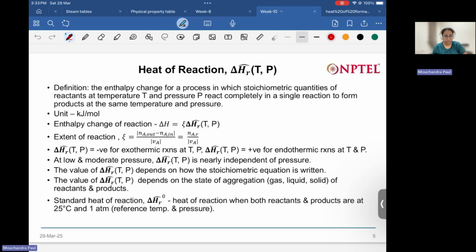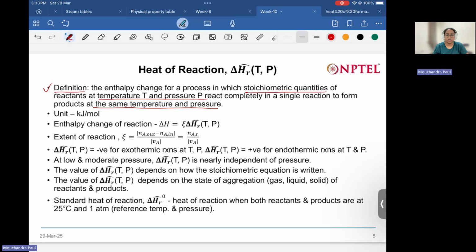So by definition, the heat of reaction is basically the enthalpy change for a process in which the stoichiometric quantities of reactants at temperature T and pressure P undergo complete reaction in a single reaction step to form products at the same temperature and pressure. That is the heat of reaction.